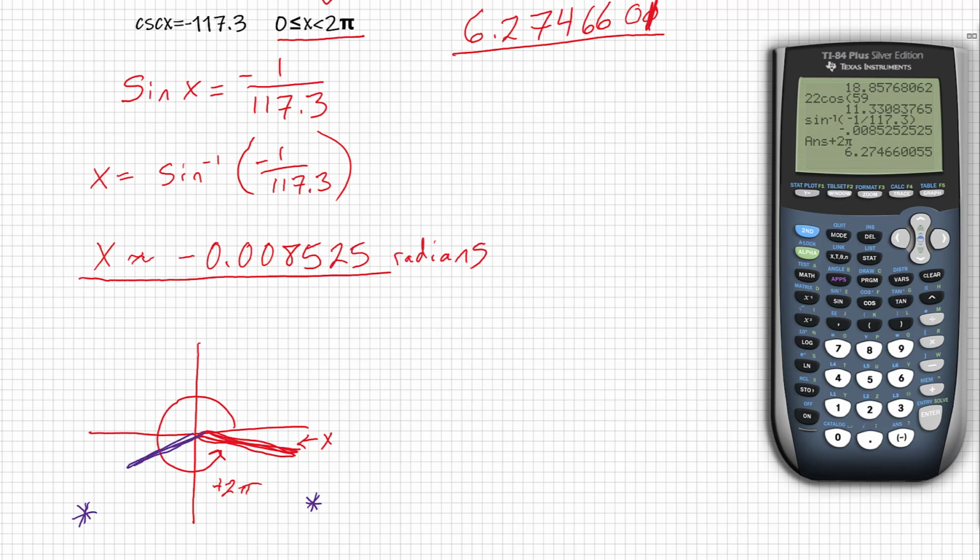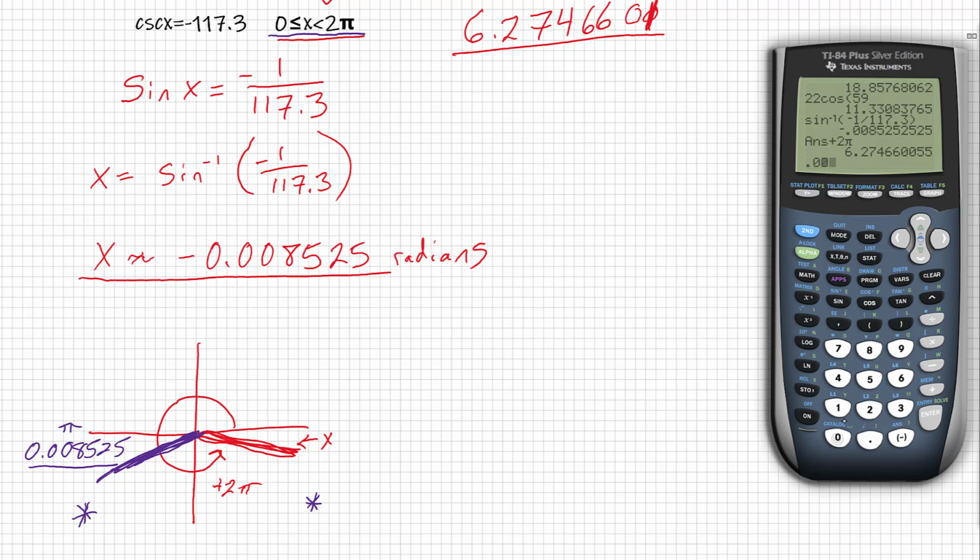So we need to come up with an angle over here that has that same reference angle, 0.008525, but is between 0 and 2 pi. Well, if this angle is pi, we can add pi to 0.008525, and that will give us our angle.